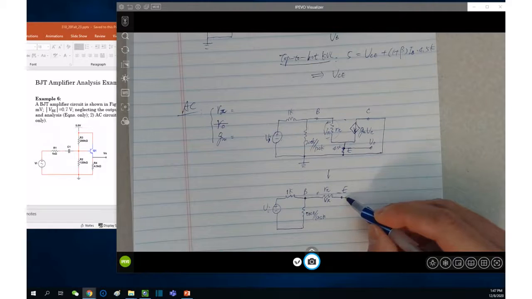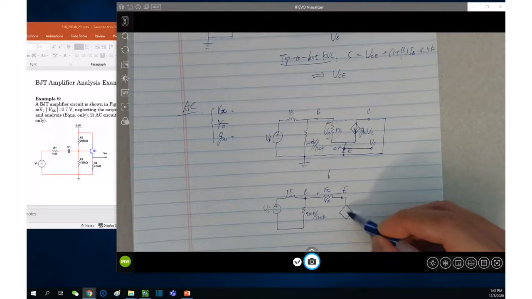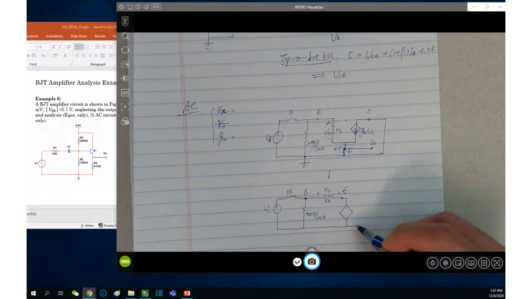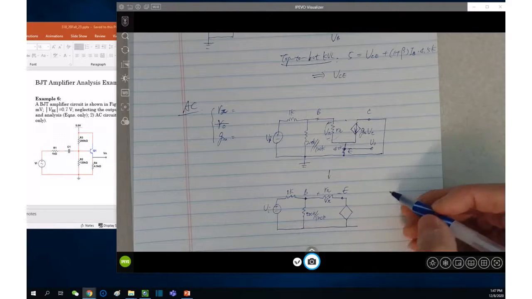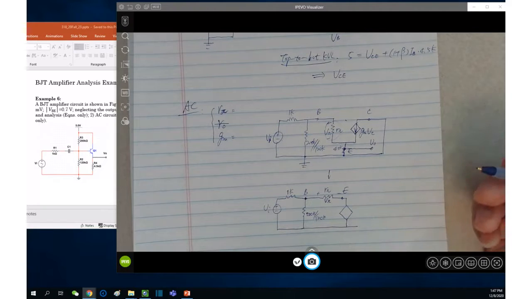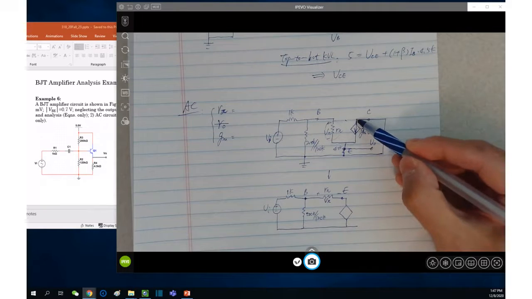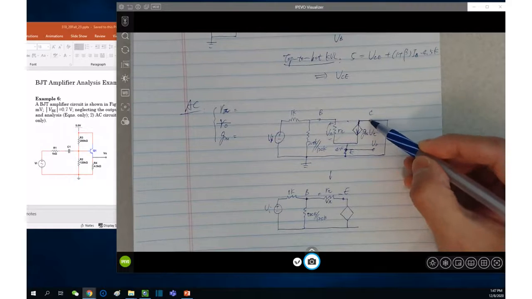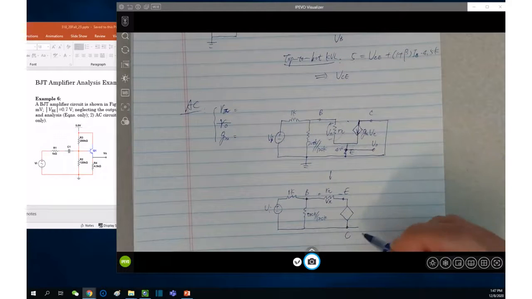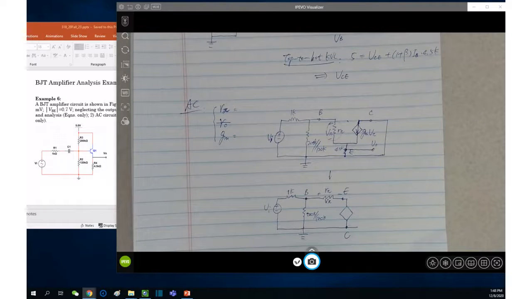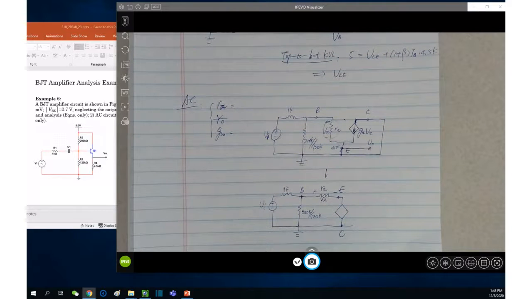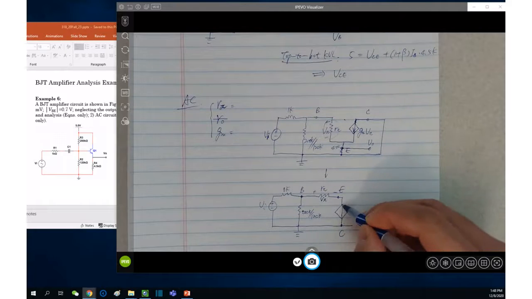And therefore, the resulting dependent current source is like this. Because one end of the dependent source here, collector, is what? Ground. So I place it on the bottom. And therefore, the current direction of the dependent source is what? Upward.